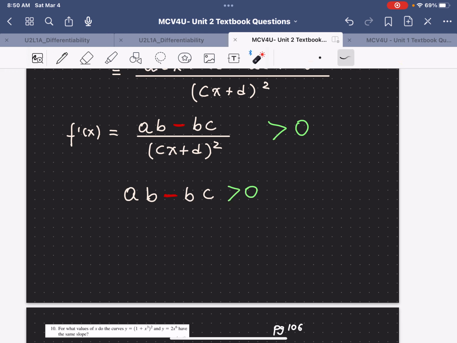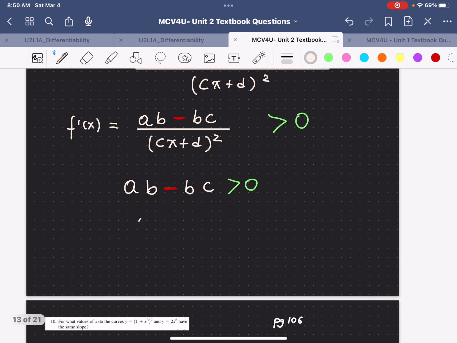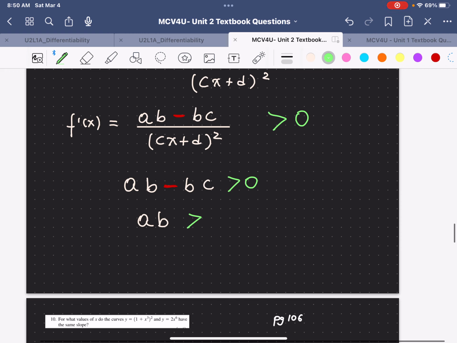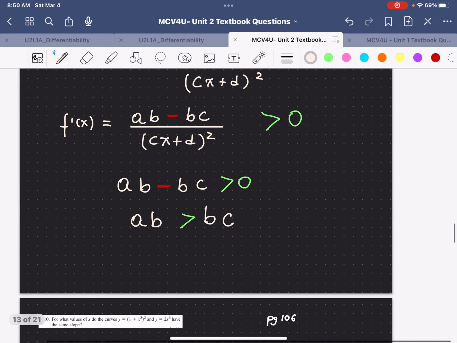In other words, we need ad to be bigger than bc. This would be the condition for this derivative to be positive, the relationship between ad and bc.